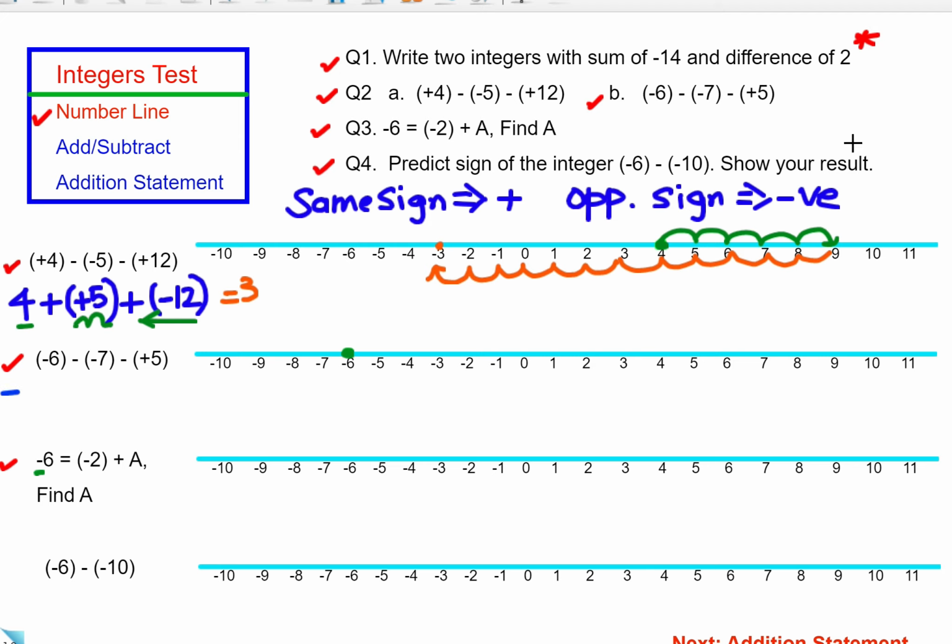Minus 6 will remain minus 6, and we have the same sign. So when I make it addition, the same sign results in a change of sign for 7. Now in this case we have the opposite sign, plus and minus, so that will change to negative. Perfect. So the first step is to write it as an addition statement.